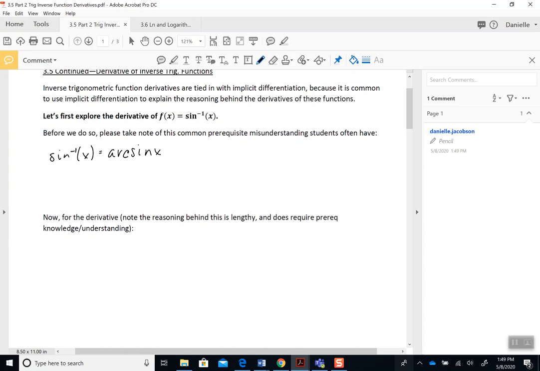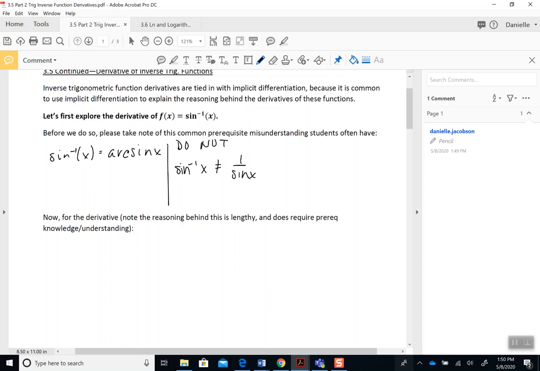The second thing to keep in mind is the sine inverse function is the inverse of the sine function. Inverse and reciprocal are not the same thing. So whatever you do, do not do this: sine inverse of x is not the same thing as 1 over sine of x. A lot of times students will see that sine inverse and say, oh yeah, so 1 over sine. Well, no, 1 over sine is the cosecant. It's not sine inverse.